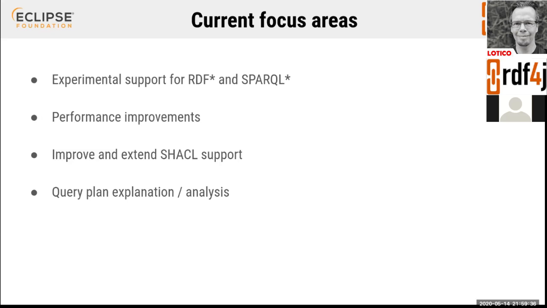And another big feature that we recently released in a first version and hope to further improve is that we are exposing the query plan with an explanation, which allows you to do analysis on your queries. Say you have a particular query that is very slow. This query plan explanation can tell you where the bottlenecks are and what you could potentially do to speed up that query, which is going to be a very powerful thing. It already is, in fact.